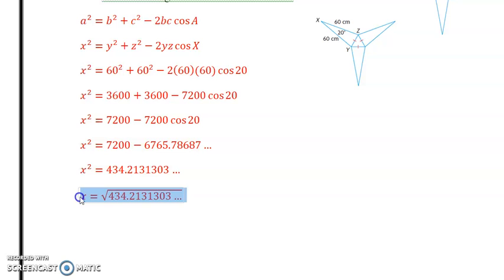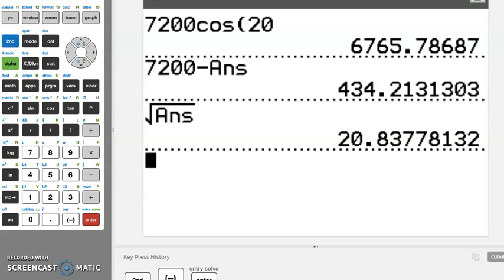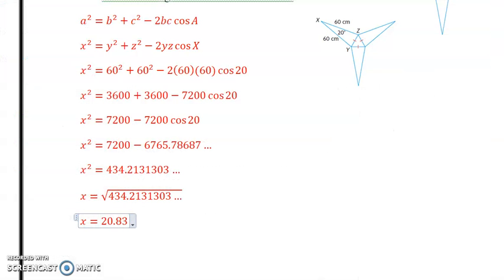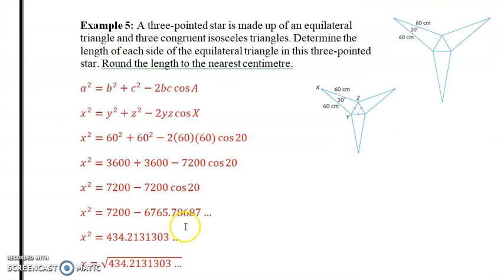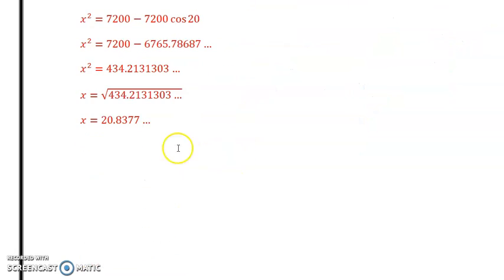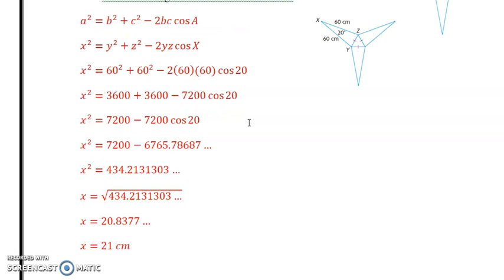We get x equals 20.8377, and so on. And it said to the nearest centimeter. So that means that x is equal to, the 8 rounds 0 up to 1, so it's 21 centimeters.